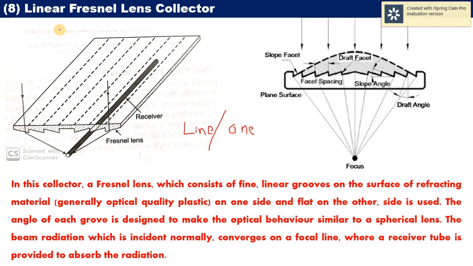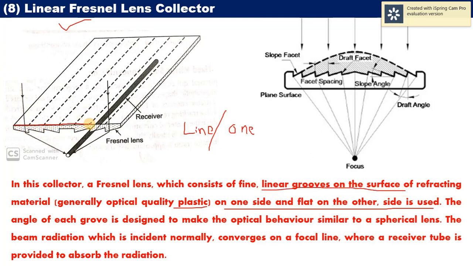Now linear Fresnel lenses are generally made of plastic. They are made in such a way that one side is flat, and on the other side linear grooves are made on the surface.